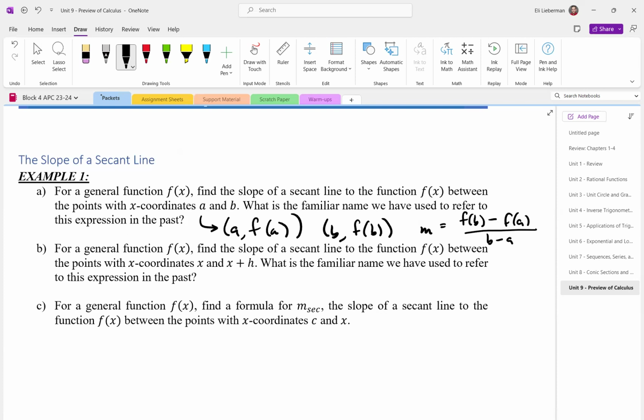Here's another one. Here we have x coordinates x, so that means it's x comma f of x and x plus h comma f of x plus h. Would you please write the slope of the line going through those 2 points?